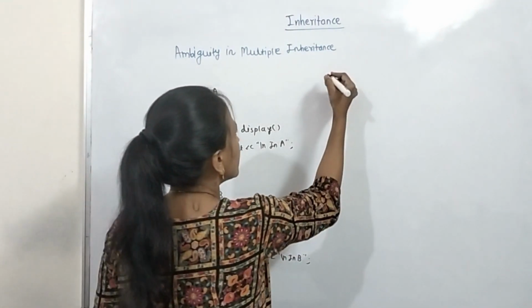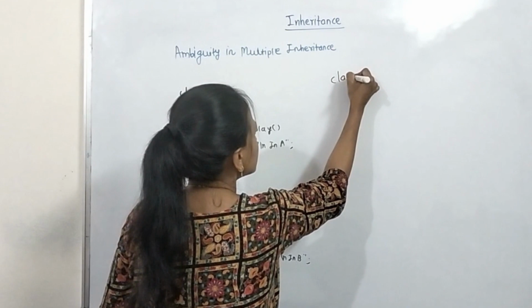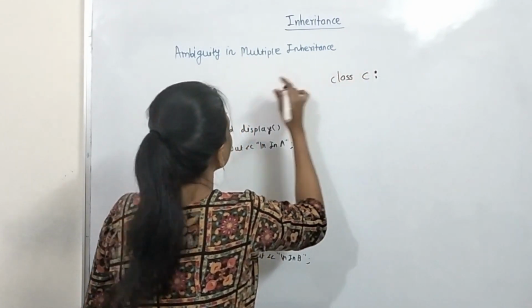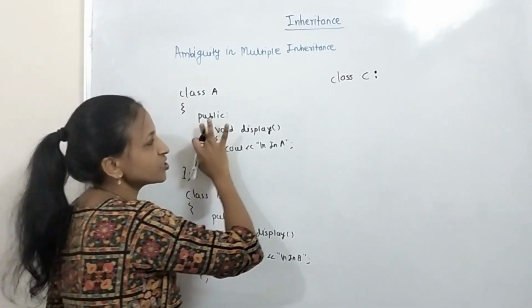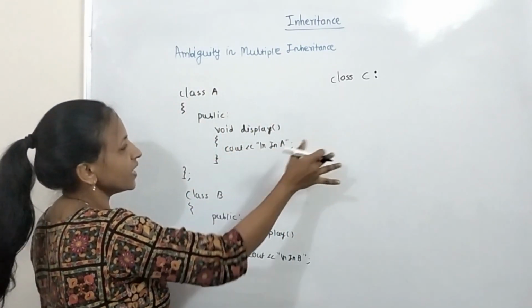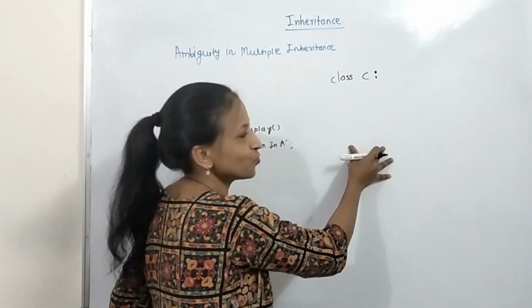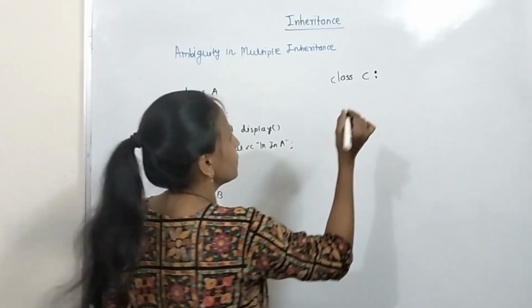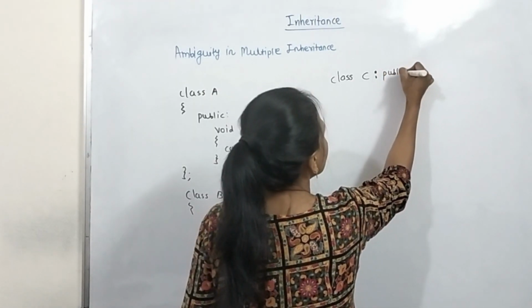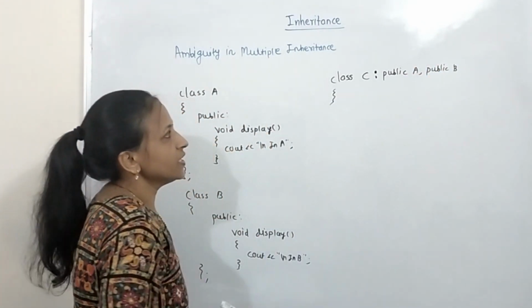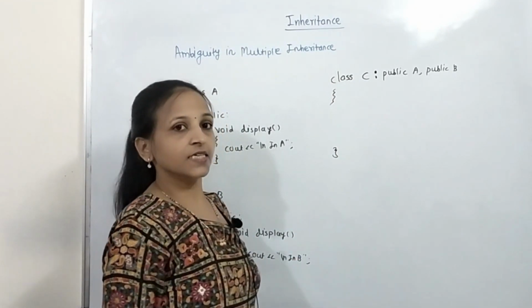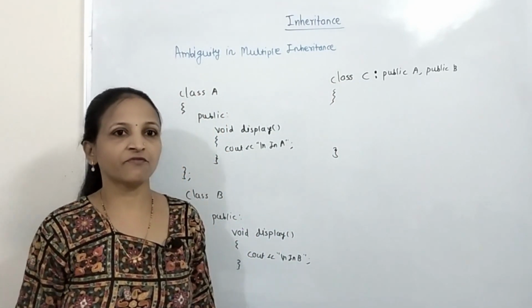But suppose I am creating one class C, which is derived from both A and B. Then this display member function will come from A as well as from B in this class C. Here we have to write simply public A, comma, public B. Now see, suppose this class C does not have any display member function.